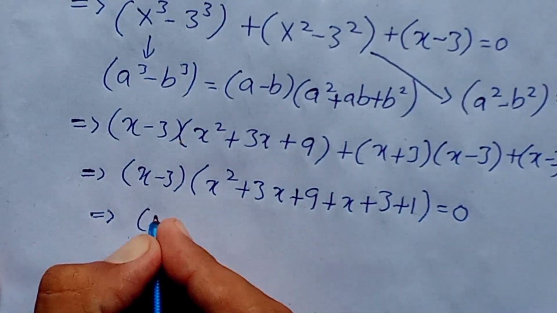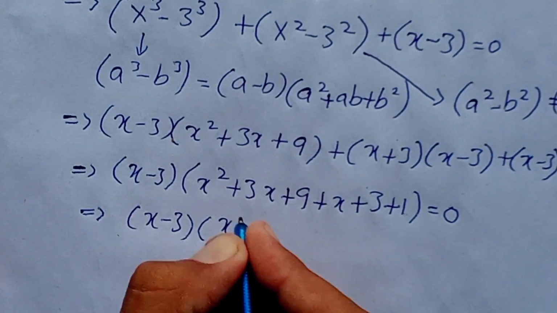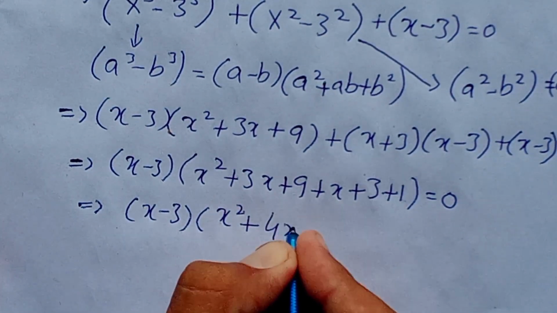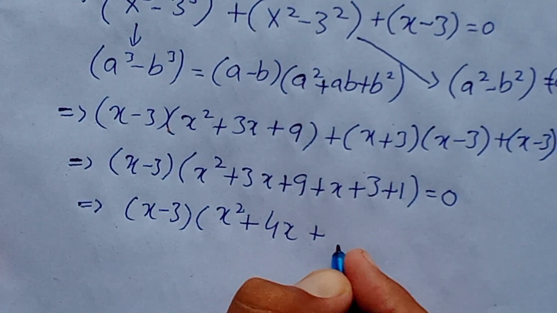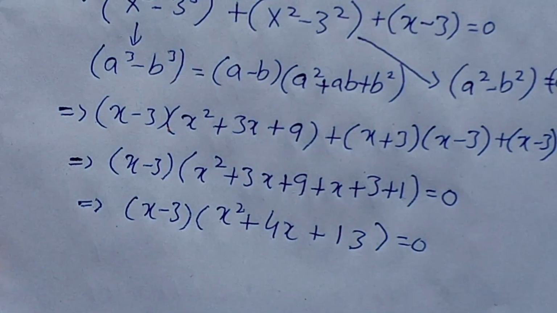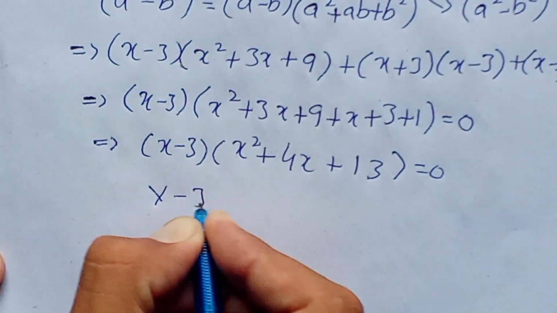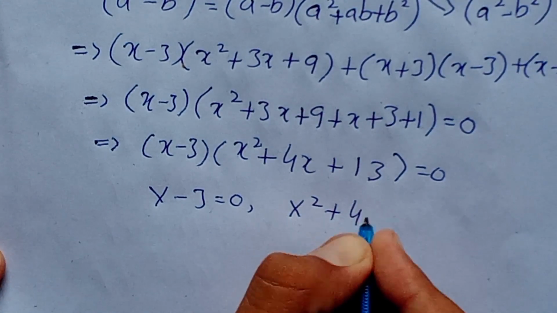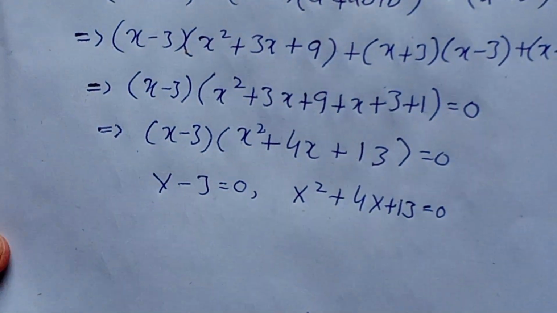Now I can write it as x minus 3 into x square plus 4x plus 9 plus 3 plus 1, which is 13, is equal to 0. Now x minus 3 equal to 0 and x square plus 4x plus 13 equal to 0.